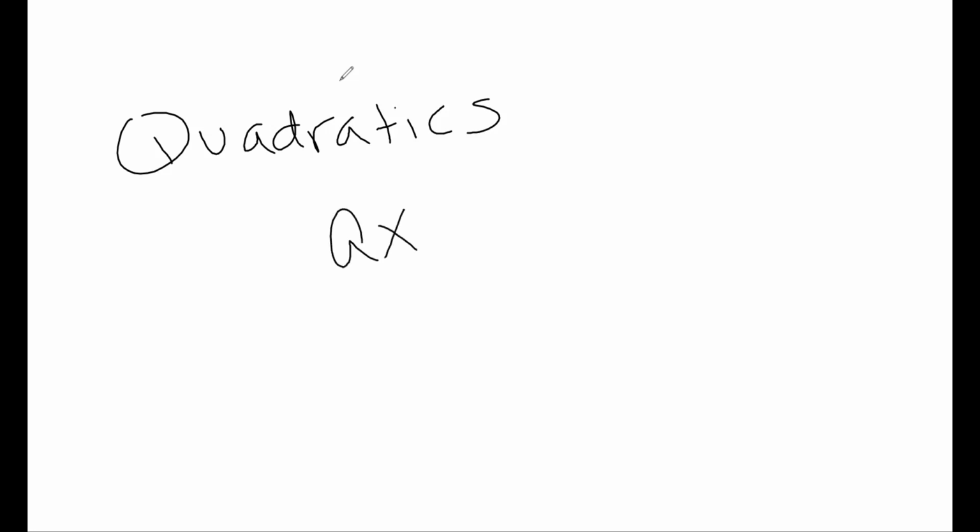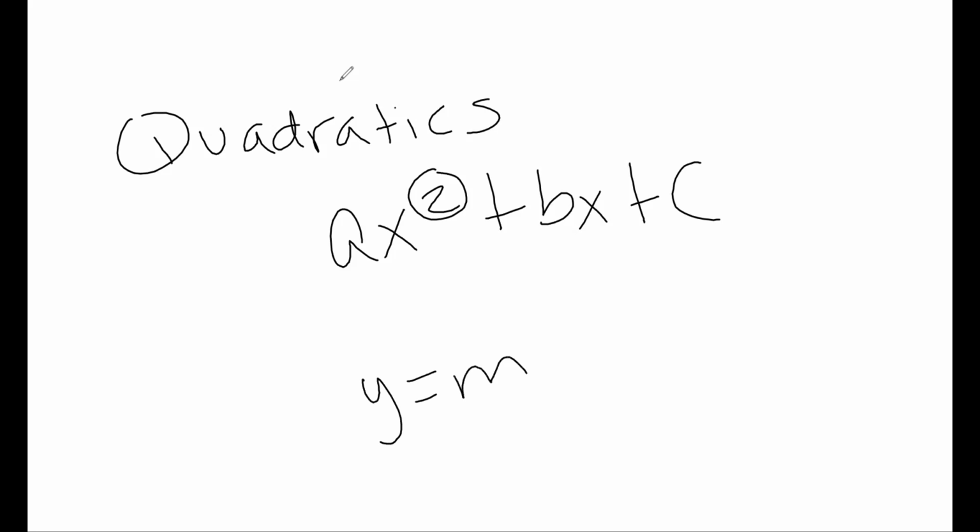All right, so then we have quadratics. And if you remember, the quadratic equation was ax squared plus bx plus c. And this squared is your clue. If you see anything to the squared power, then that's going to be a quadratic equation. When we did linear, it was y equals mx plus b.